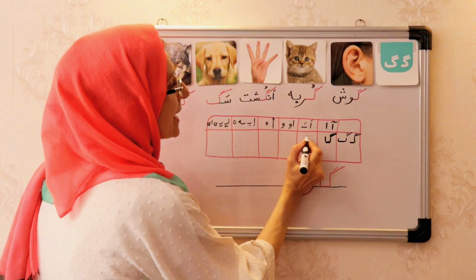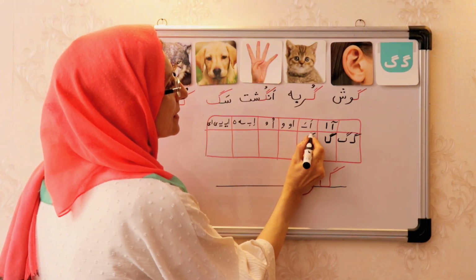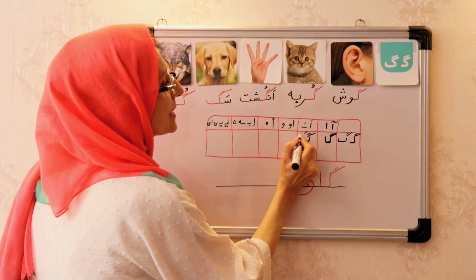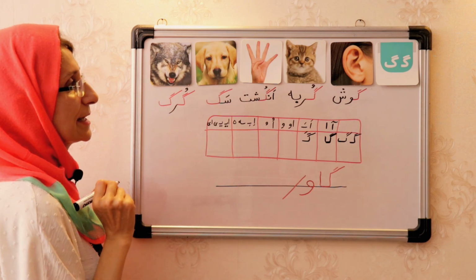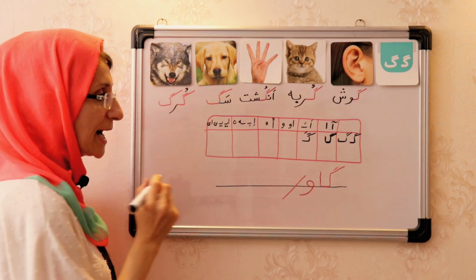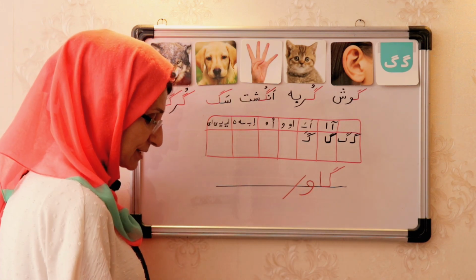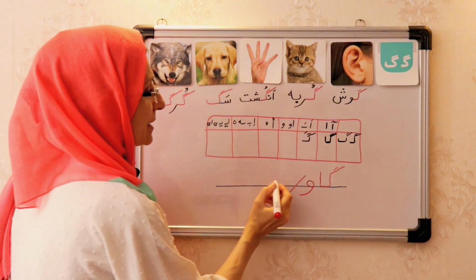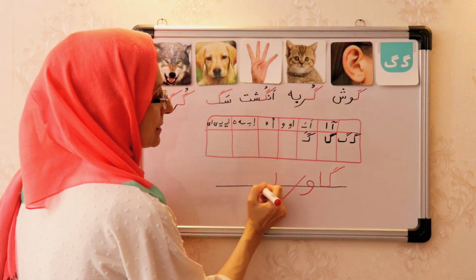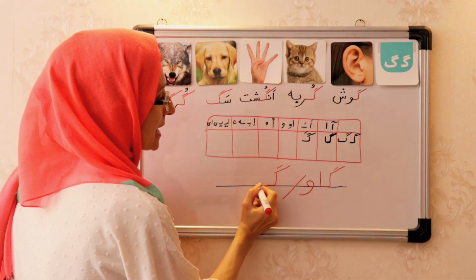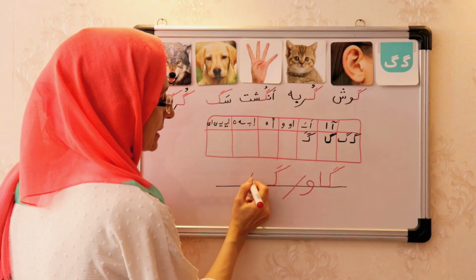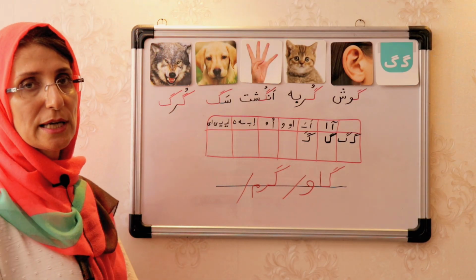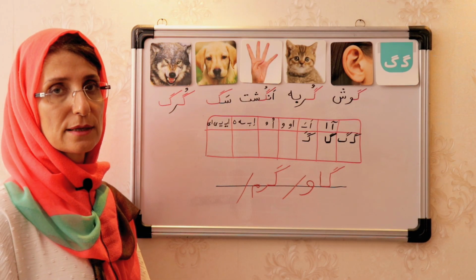G and A, we have ga. In Persian, we have the word garm. Garm in Persian is warm.